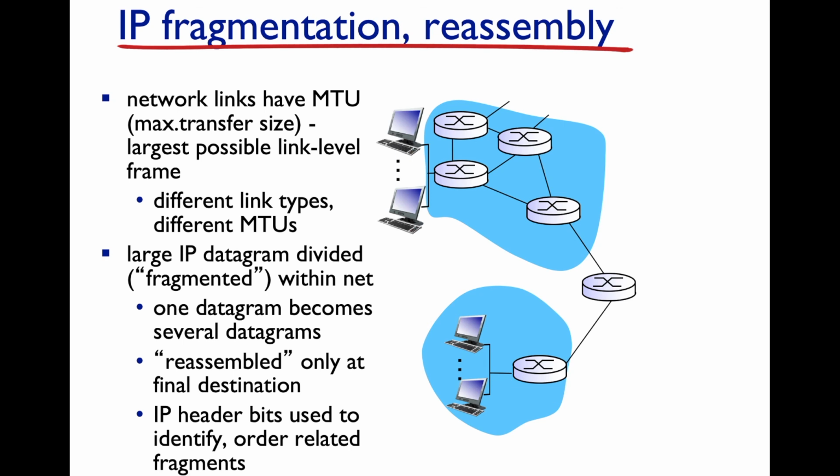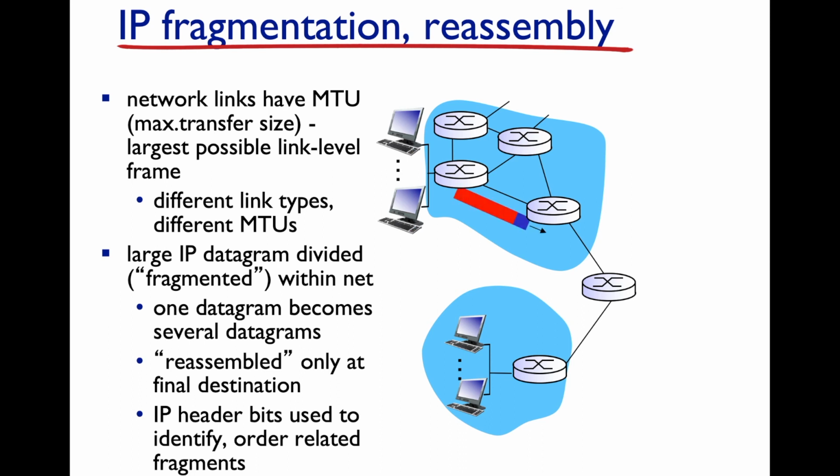Okay, so a large IP datagram is divided. When one datagram becomes several datagrams, you reassemble only at the final destination, and there are fields in the IP header, or the network layer header for Internet Protocol, that are used to identify and reorder all of the related fragments that started out from a message of a larger size.